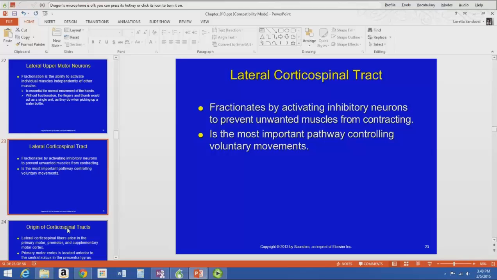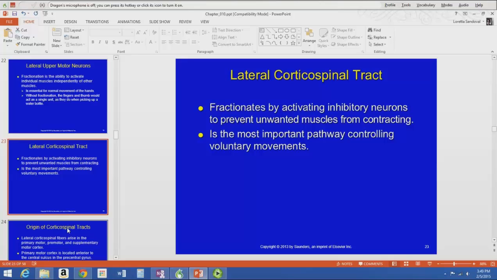So by activating those inhibitory neurons, it prevents unwanted muscles from contracting and keeps us from doing motions we don't want to do, and that allows us to perform the motions we do want to do. It's the most important thing controlling voluntary movements.